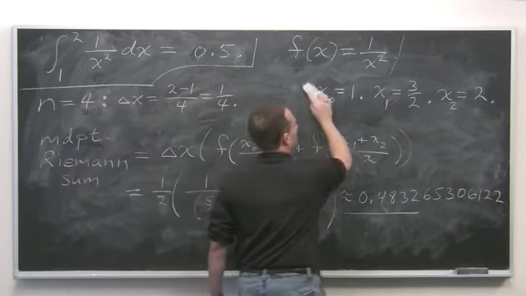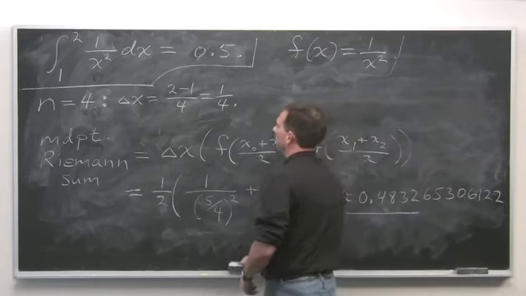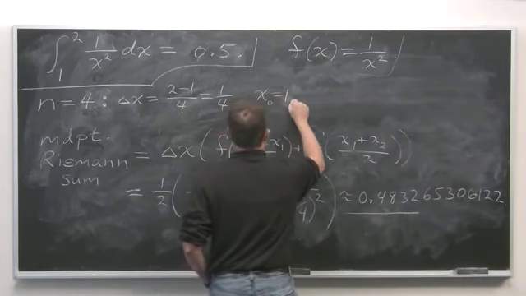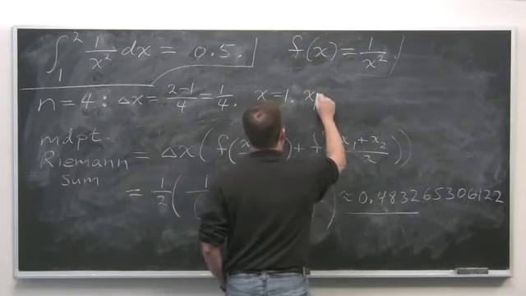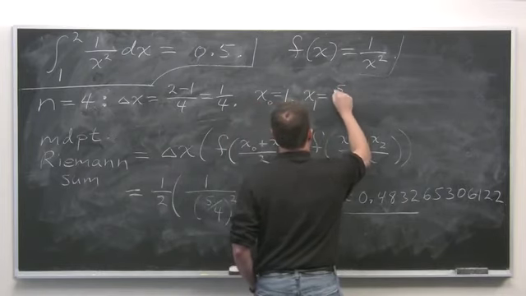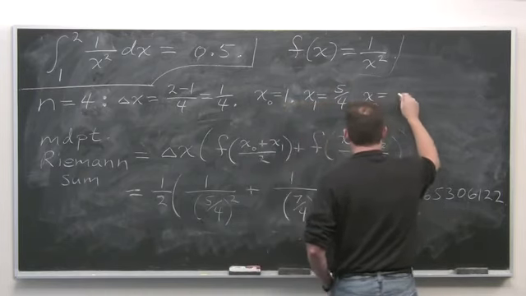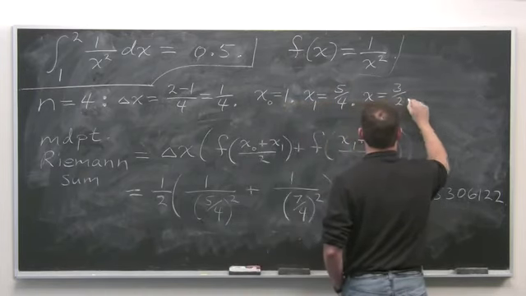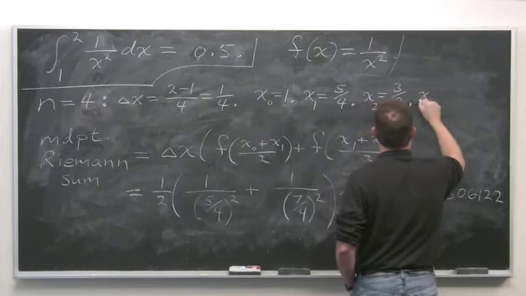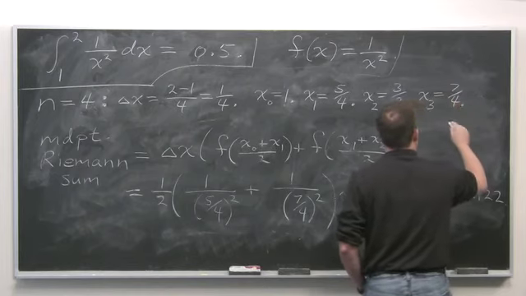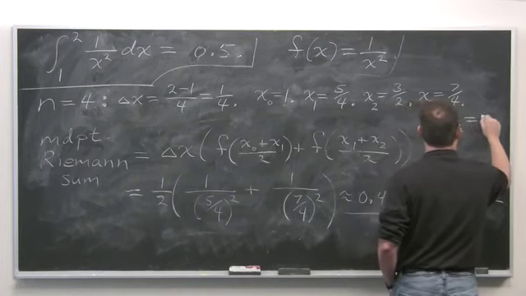X naught still starts out at 1, but then you go up by a fourth each time. So x naught is 1, so 4/4. And you go up to another fourth, so 5/4. X2 is 6/4, also known as 3 halves. X3 then is 7/4. And then X4 is 8/4, also known as 2.